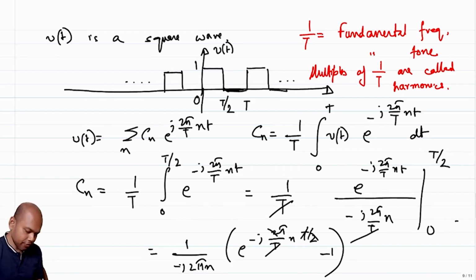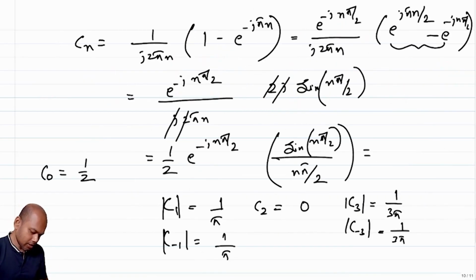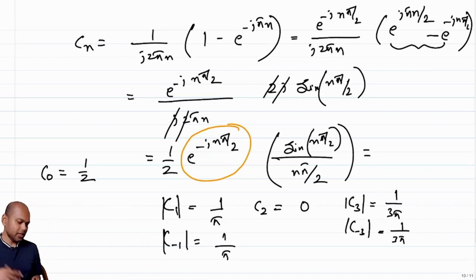So where is the phase information here? The phase information is embedded here, right? So this is the phase information. At C0, obviously there is no phase, n equal to 0. At omega naught, when n is equal to 1, you see the phase is basically minus pi over 2, right?